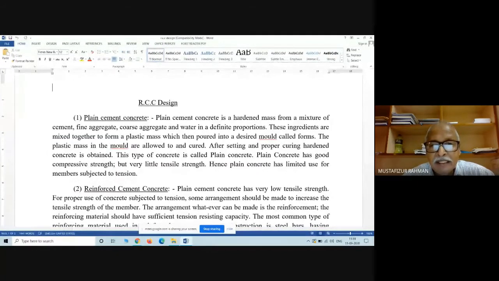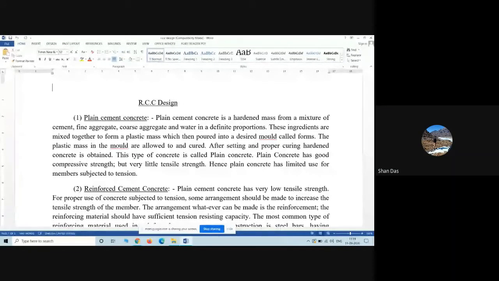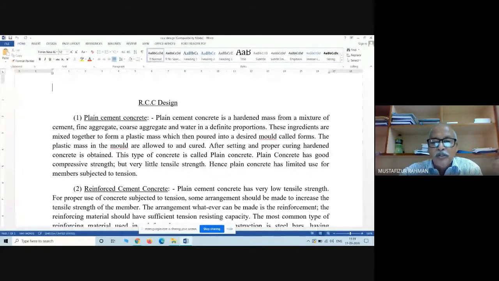Compressive strength is when, do you see my two hands? No, sir. Okay, so I cannot show it.